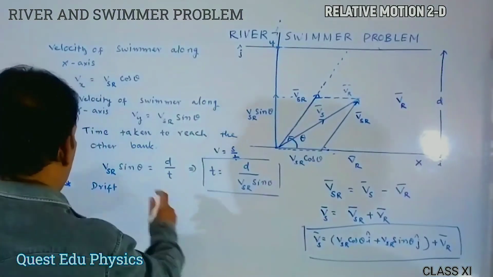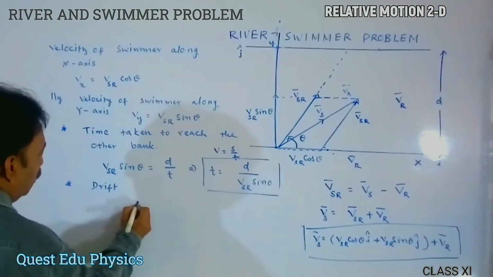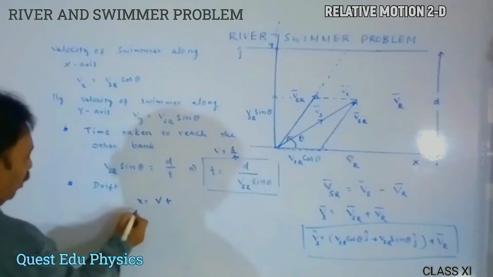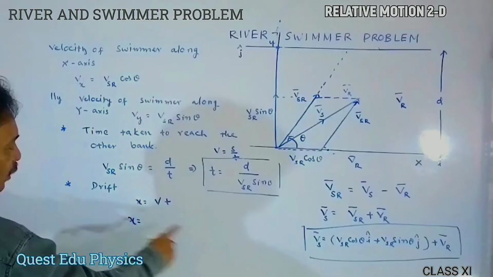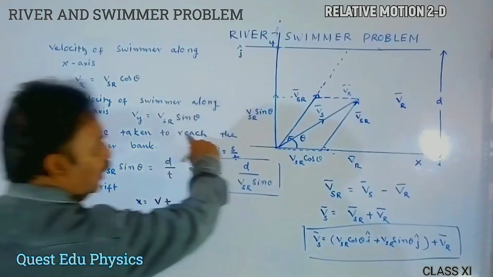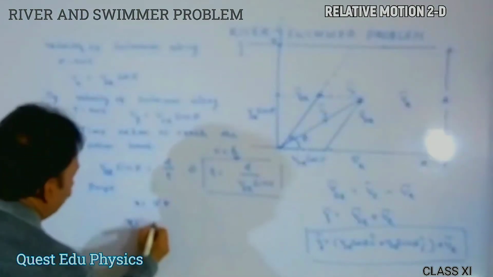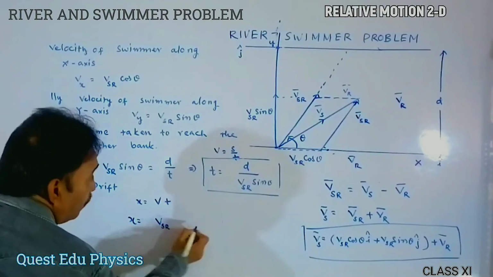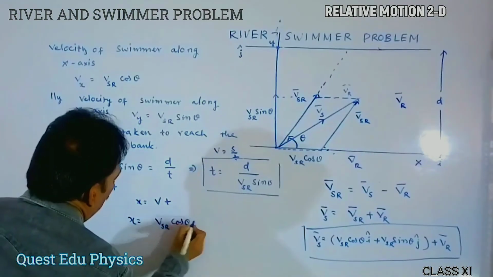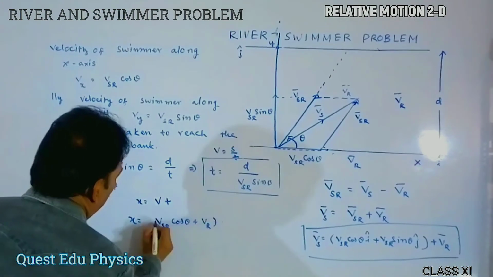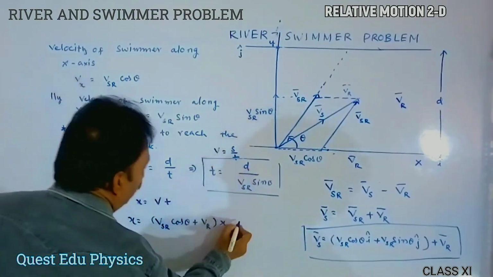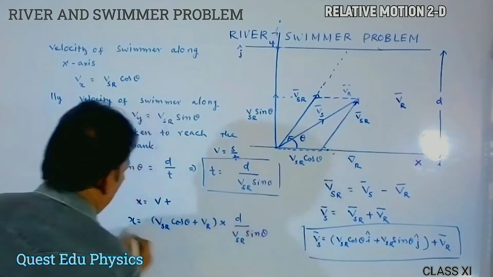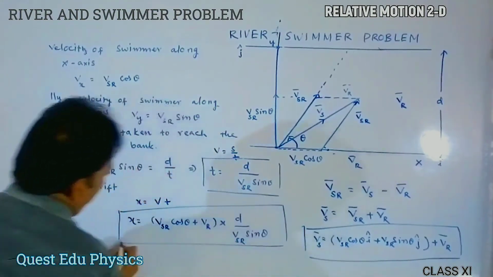So drift can be written as displacement: x is equal to velocity multiplied with the time. The drift x, and velocity along the horizontal, that is we have to write as VSR cos theta added to the velocity of the river, multiplied with the time. Time we have as D by VSR sin theta. It is the equation for the drift.